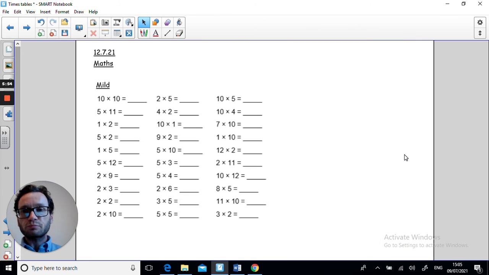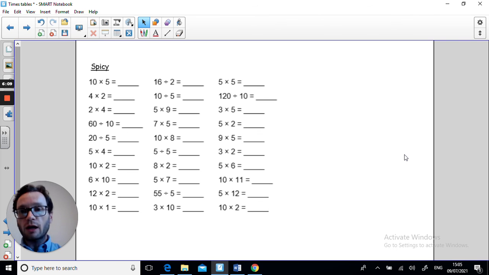Okay, now today's activity, I've put this in the resources, I would like you to do these questions. These are the 2 times table, the 5 times table, and the 10 times table. If you manage to do these really, really quickly, I would like you to go on to the spicy questions, which are times tables and division facts.